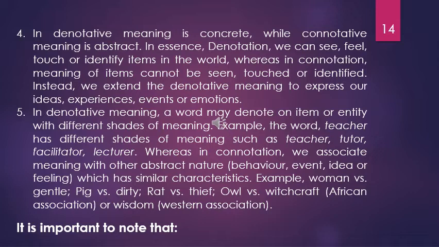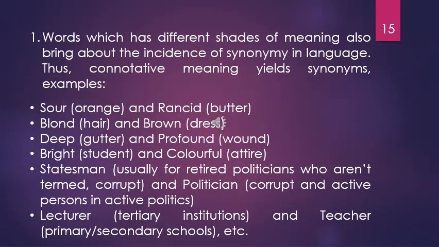For example, woman versus gentle, thief versus dirty, rat versus thief, owl versus witchcraft in African association, or wisdom in Western association. It is also important to note that words which have different shades of meaning also bring about instances of synonyms and sometimes antonyms in a language.